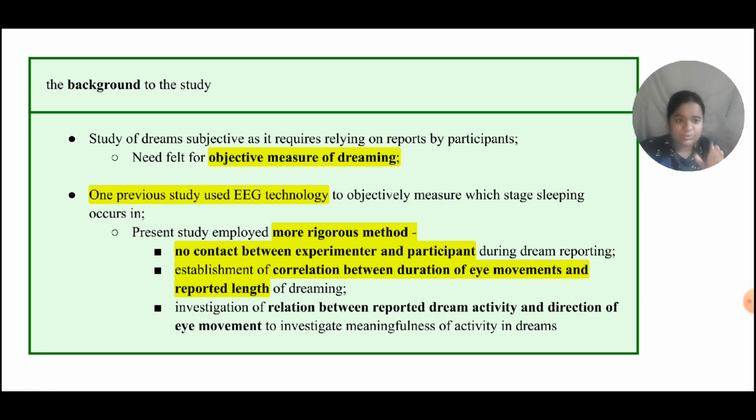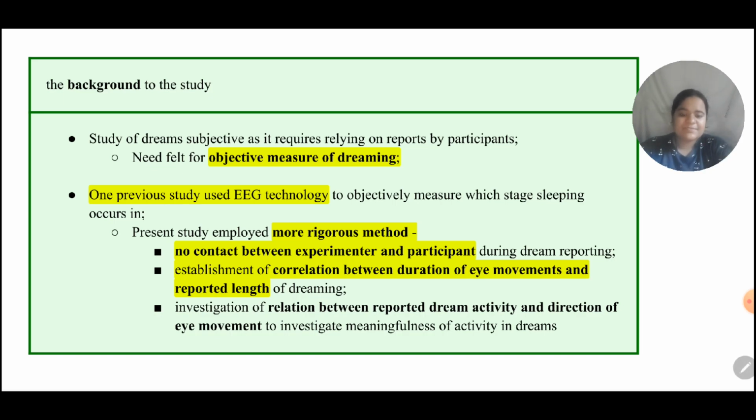Then in future they would be able to just study the EEG activity of the person and say, okay, he's been dreaming for 5 minutes or 10 minutes or whatever duration. They would not even have to ask him how long he's been dreaming. Even that they would come to know objectively, just by looking at the machine.